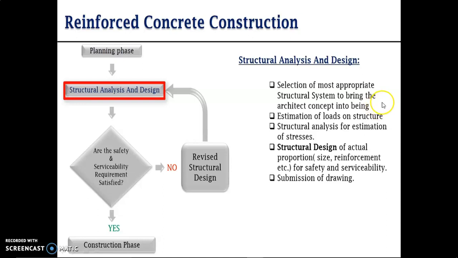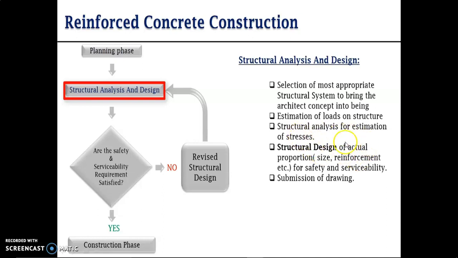After that we have estimation of loads on structures, structural analysis for estimation of stresses, and structural design of actual proportions. It means how much material you require, like concrete, reinforcement, size of column, size of beam, etc.